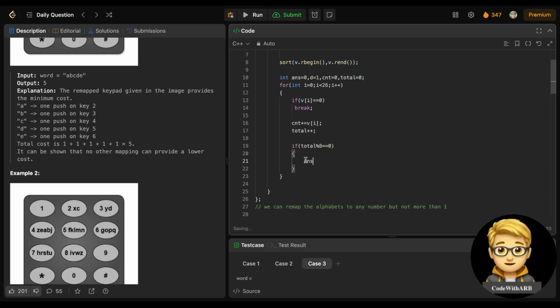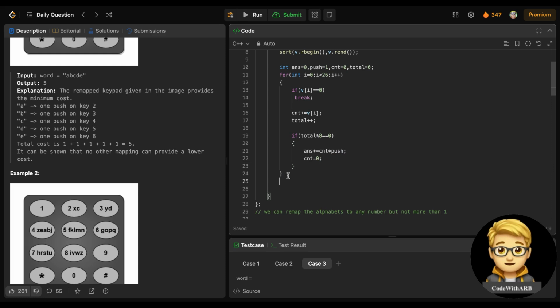So what we will do is insert in our answer the count cnt into the total number of pushes we need. Let's just name it push, so we will better understand. So total number of pushes we need for this count of frequencies. And now we need to just make the count 0, right?